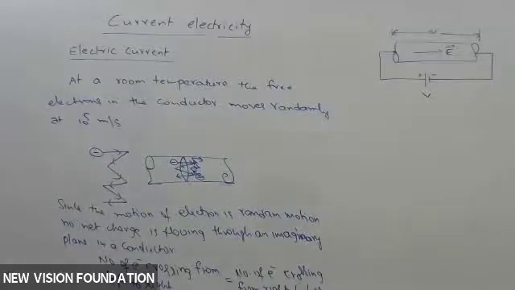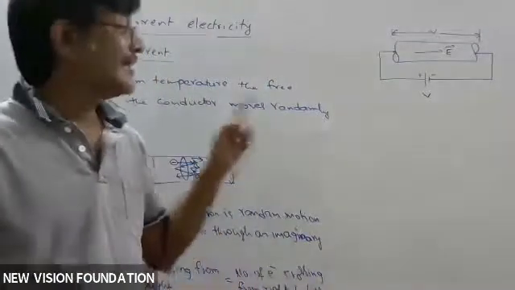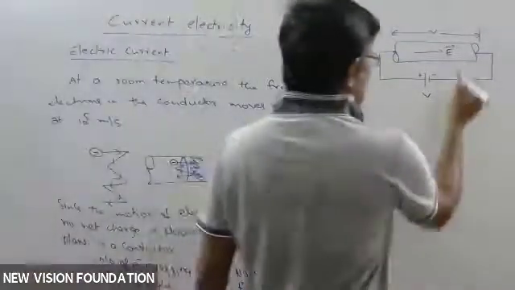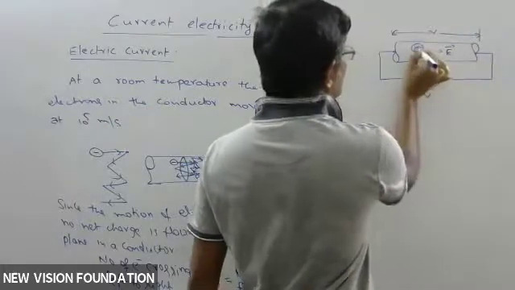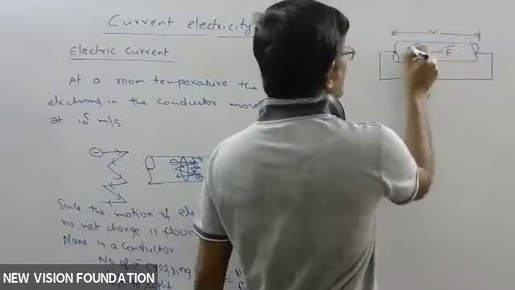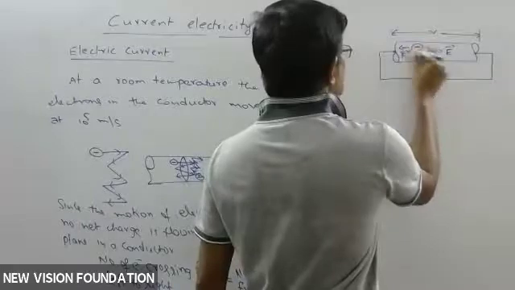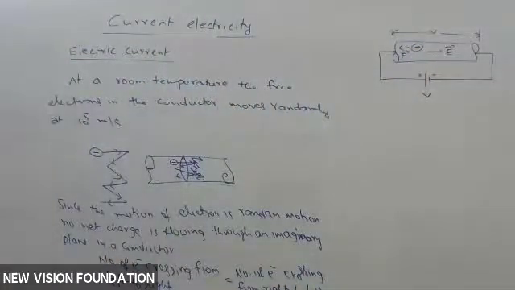This electric field exerts force on the electrons. Suppose, for example, this is an electron, a free electron, and the electric field exists in the conductor from left to right, whereas the electric force on the electron is from right to left. You know that in an electric field, a positive charge experiences force in the direction of the field, and a negative charge experiences force in the direction opposite to the field.